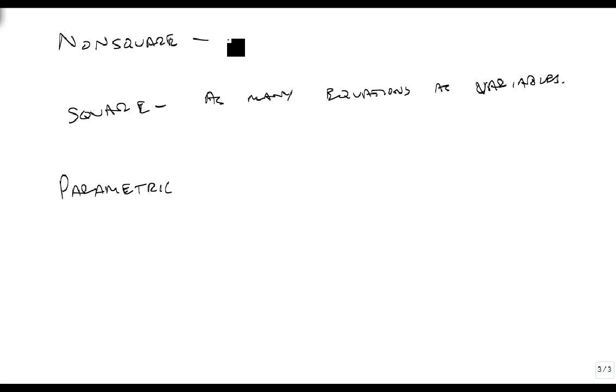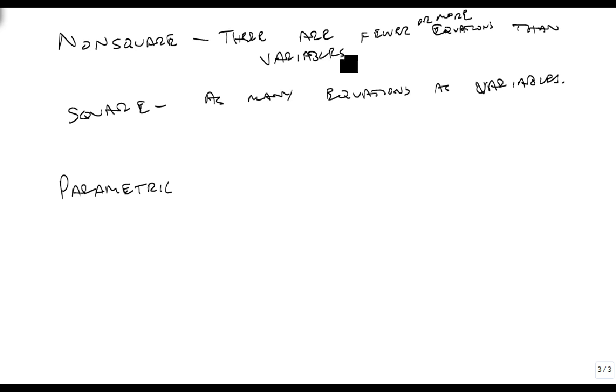And non-square just means that there aren't as many. There are typically fewer equations than variables, but it could be more equations than variables. As long as it doesn't line up perfectly, then it's not square. If it does, 3 equations and 3 variables, 2 equations and 2 variables, then it is square.